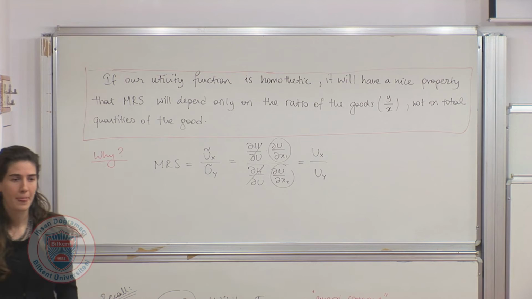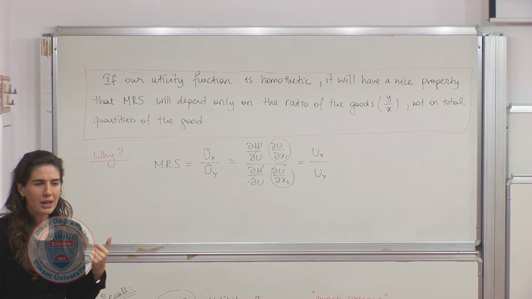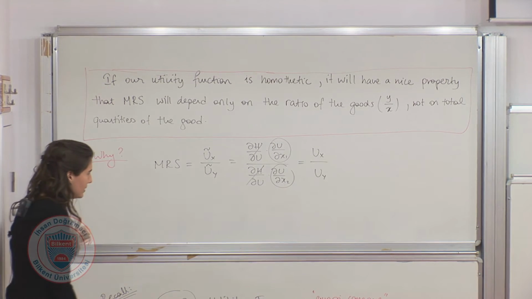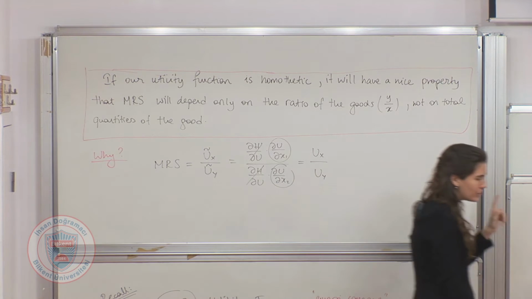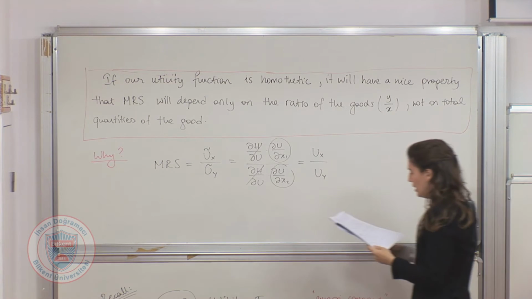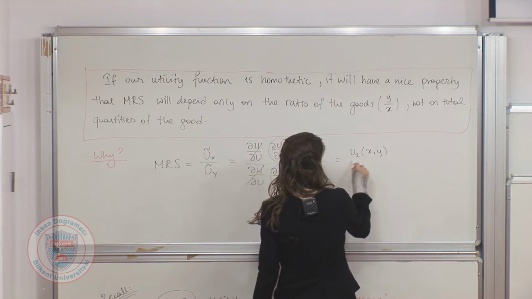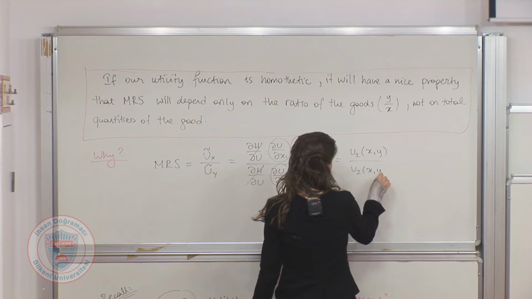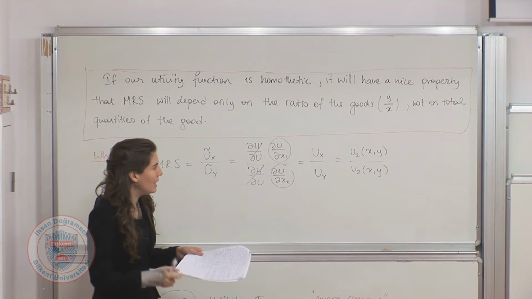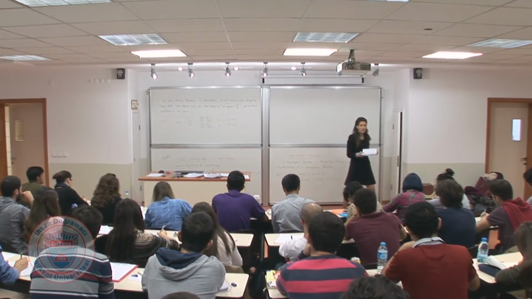But what is specific about u? u tilde was homothetic, but u is homogeneous. So I know that u is homogeneous. This is u1 of xy over u2 of xy. If u is homogeneous, what do I know about homogeneous functions' first derivatives?